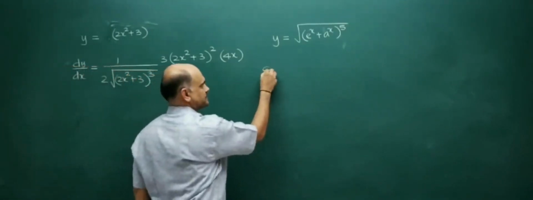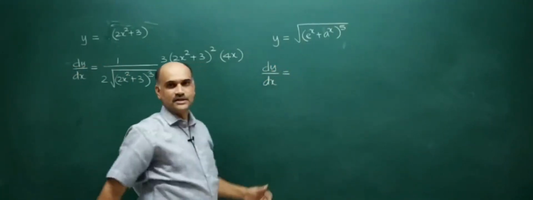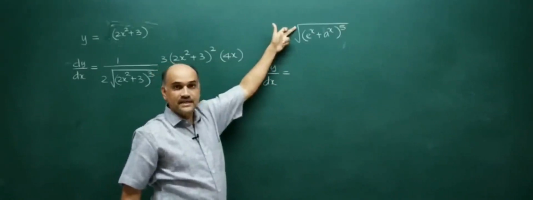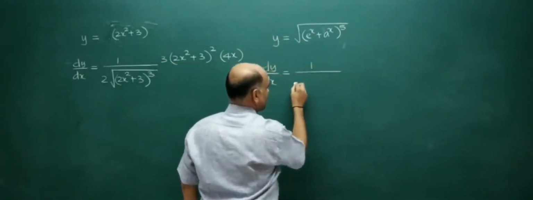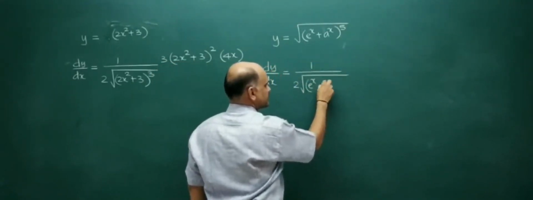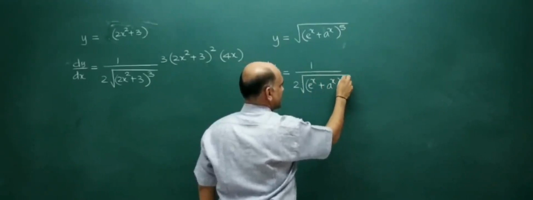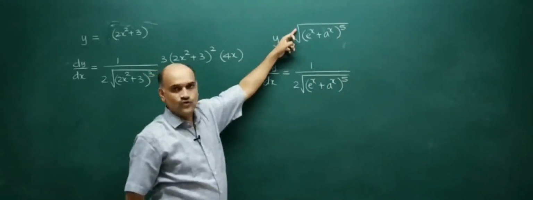So dy by dx is equal to, first you differentiate this root. Differentiation of root will be 1 by 2 root of e raised to x plus a raised to x bracket raised to 5. So differentiation of root is over.